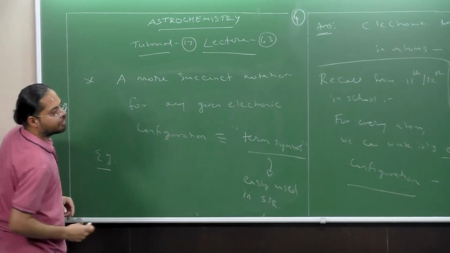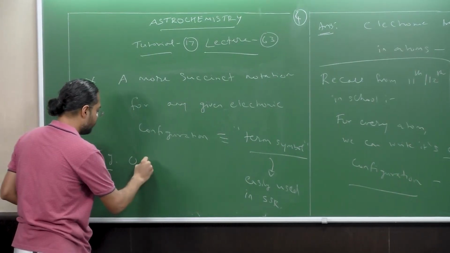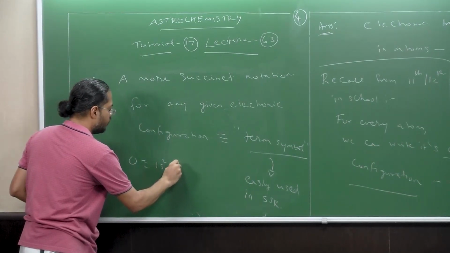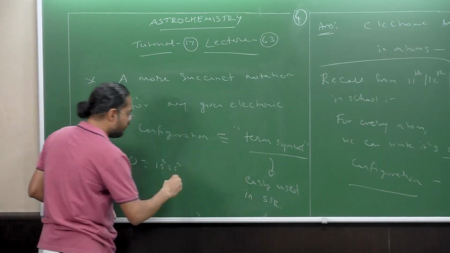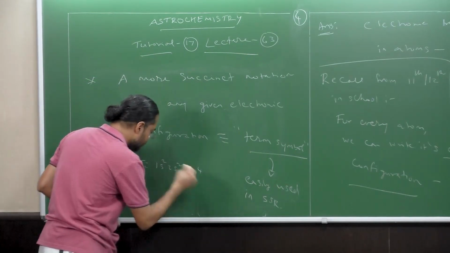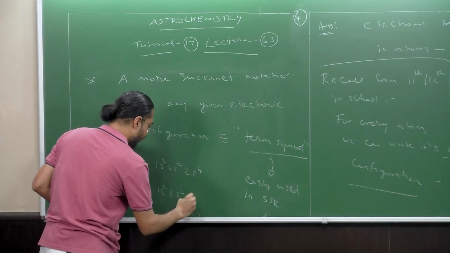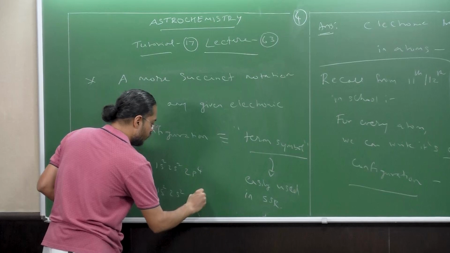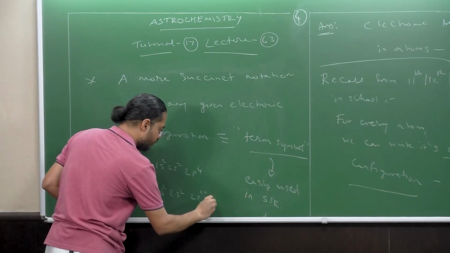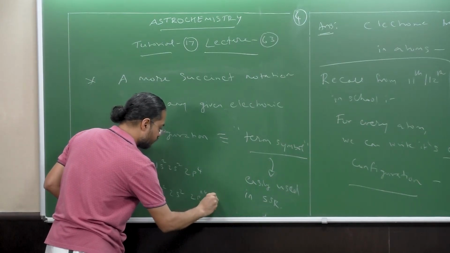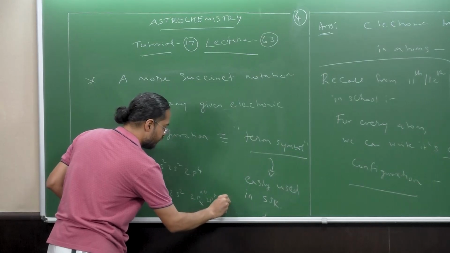the electronic configuration of oxygen, that is 1s2, 2s2, 2p4, right, which corresponds to 1s2, 2s2 and 2px up and down, 2py up and 2pz up.